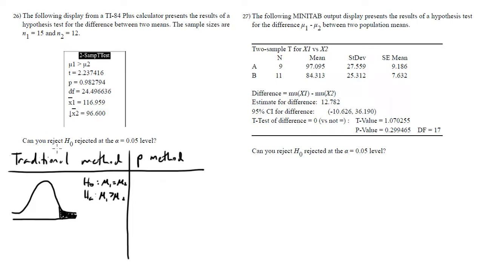So the degrees of freedom are 24.49. We can call that 24, right? Let's go to the t-distribution table. 24 degrees of freedom, 0.05 is alpha. Where's that table?